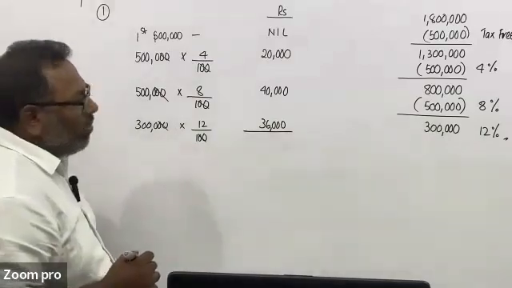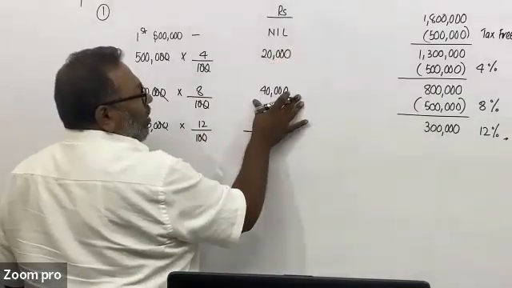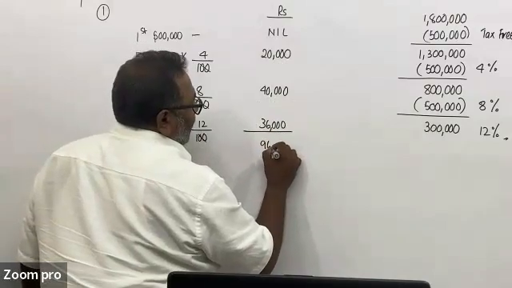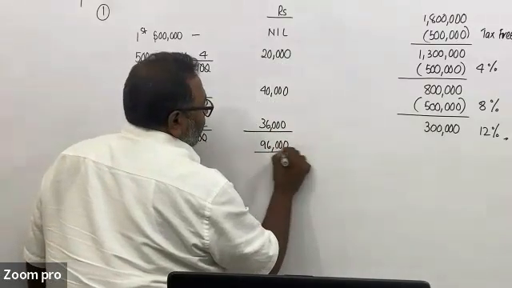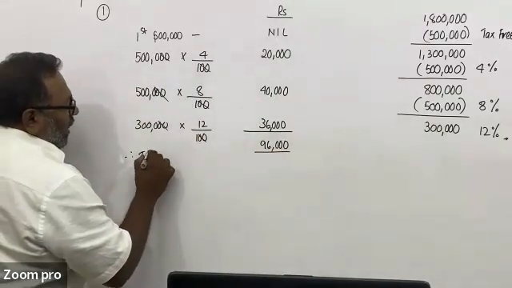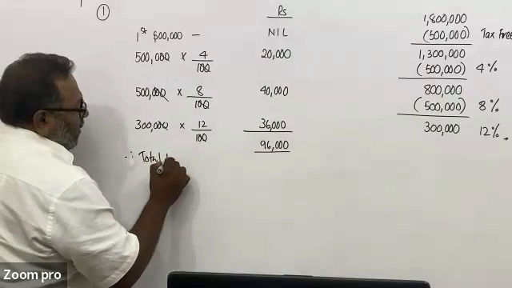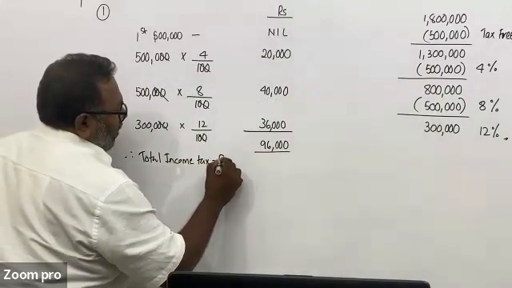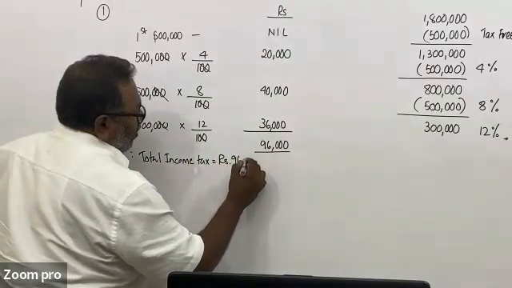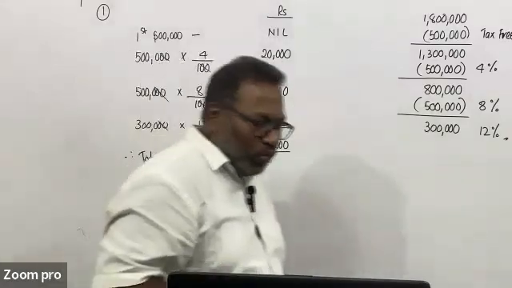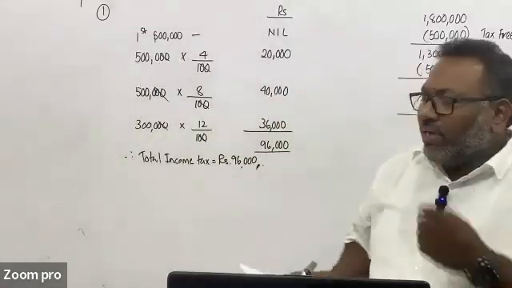So add it. 20 plus 40, 60. 60 plus 36, 96,000. So total income tax is 96,000 rupees. So that's what you need to show in your working.